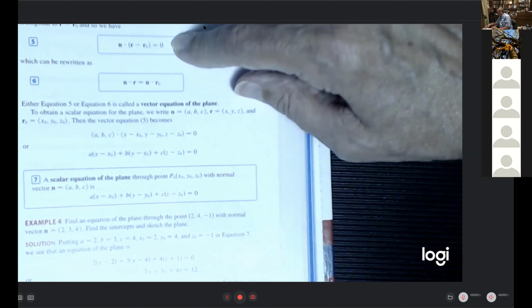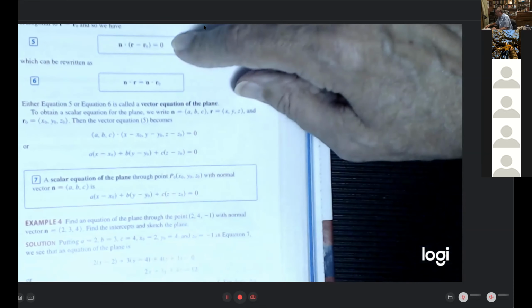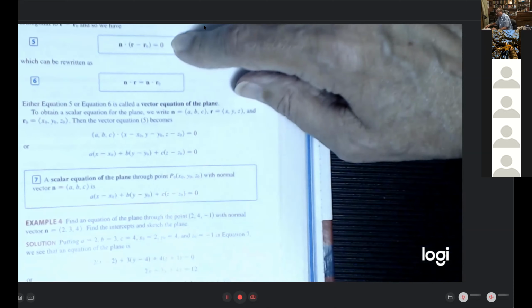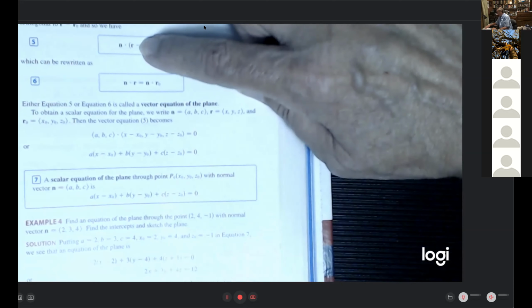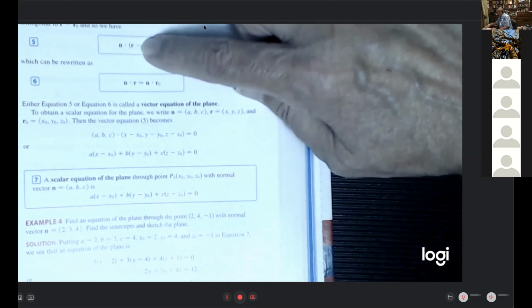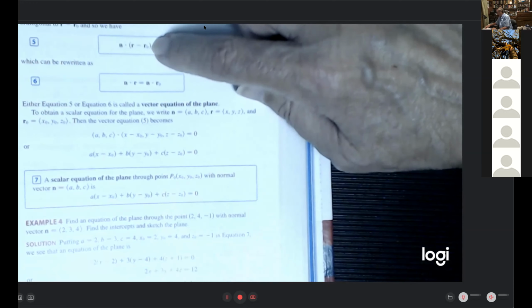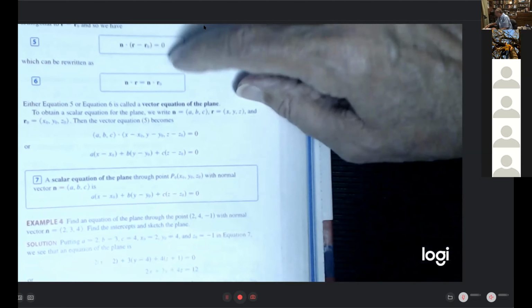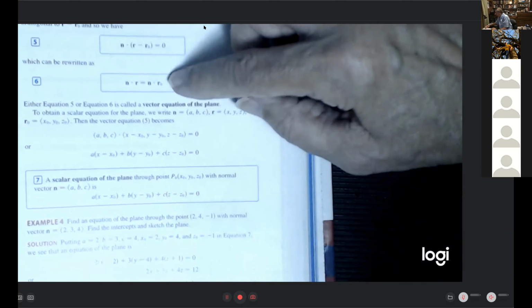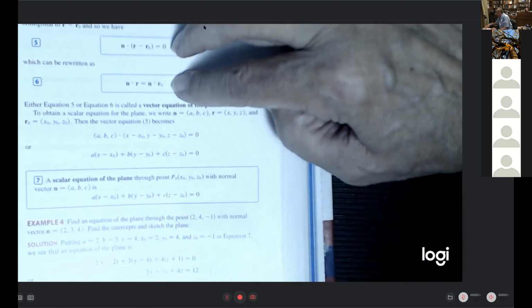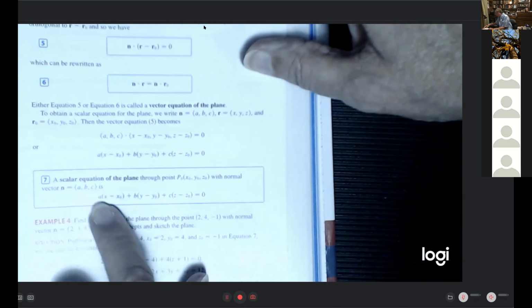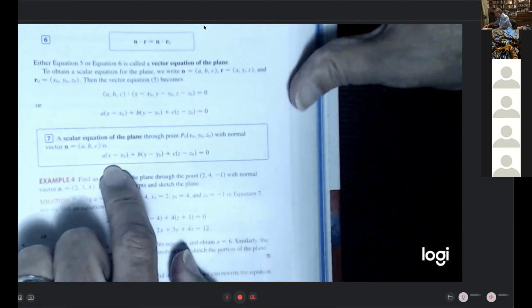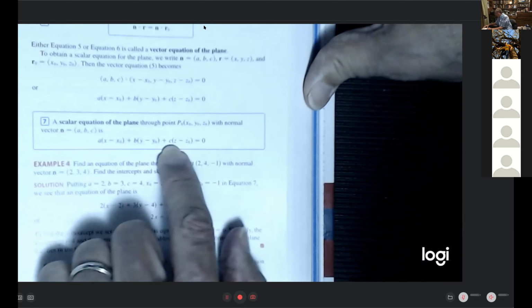So I don't know why he likes R. I don't like R, but it's okay. n dot (x, y, z minus r naught) is 0. The dot product with this is 0. Now, if the r naught is 0, this passes through the origin. If the r naught is not 0, it doesn't. And you can write it this way because dot products are distributive over subtraction and so forth, and he writes it out this way.